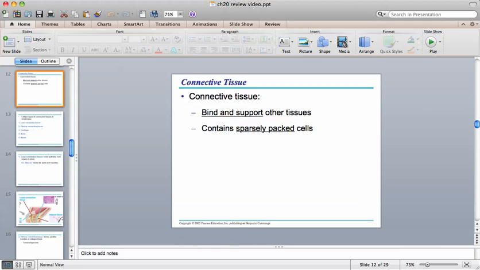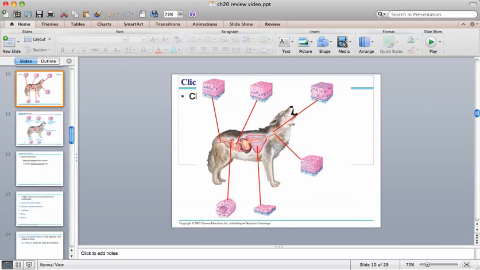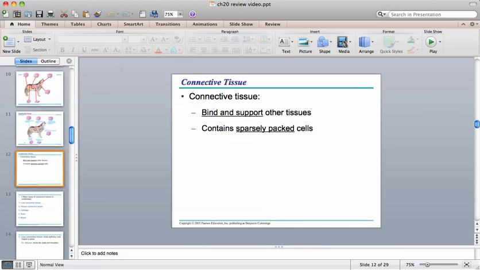Now on to connective tissues. Now this, my friends, is the grab bag of tissues. There are just so many different types. And these tissues really connect, bind, and support other tissues. Like the membrane we just saw connecting the epithelial to the underlying tissues, connecting muscle and nerve tissues to one another.